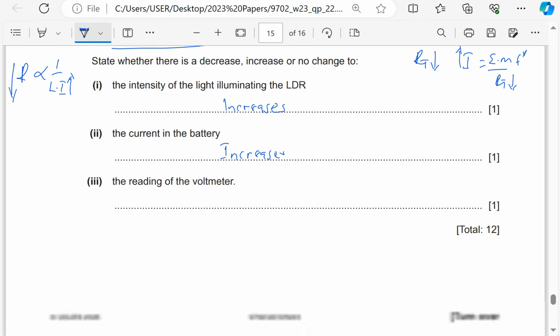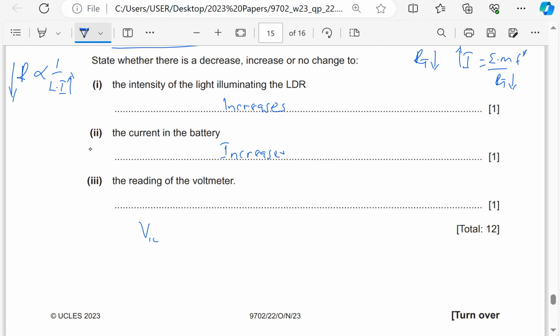So I'm saying PD across 1400 increases. That means PD across LDR must decrease by conservation of energy. Both of them cannot increase, since the EMF must be the sum of these two PDs. It increases here because the current has gone up. Then it must decrease here. So this one decreases.